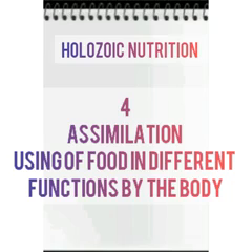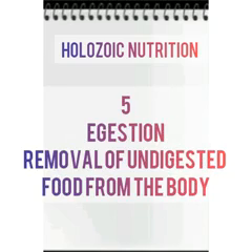Assimilation is a process by which an organism uses the food materials in different functions of the body. And the last and fifth step is egestion. Egestion means removal of undigested food from the body.